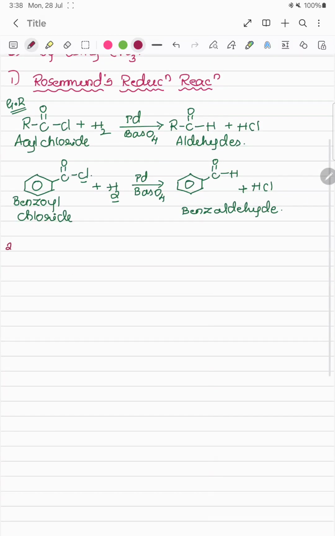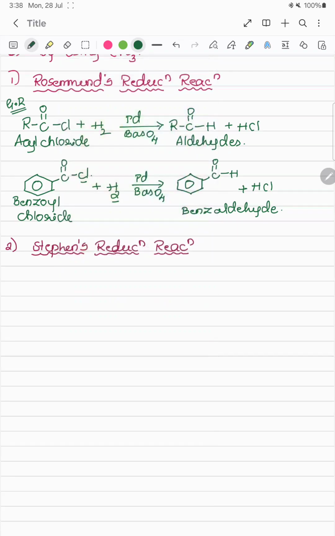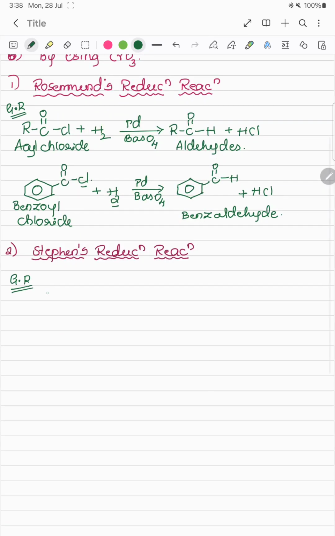So moving on to our next reaction, that is Stephen's reduction reaction. So here what will happen? Cyanides or nitriles are reduced. To write a general reaction, I take cyanides.